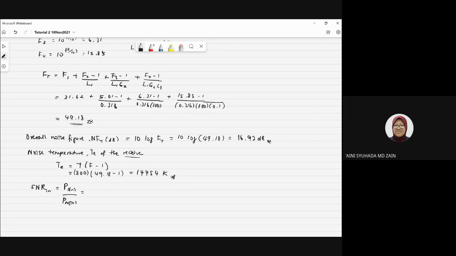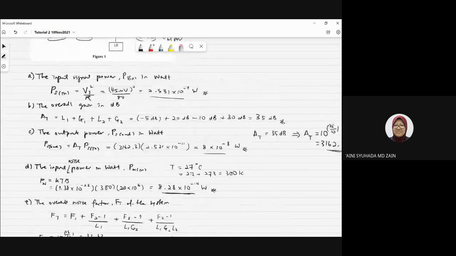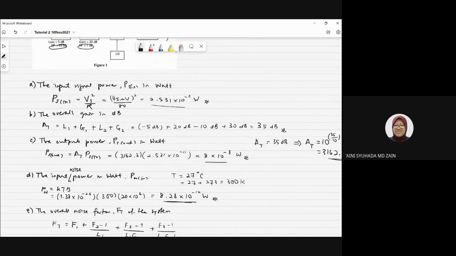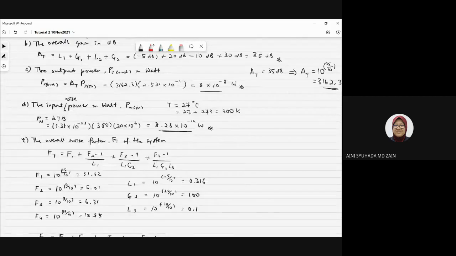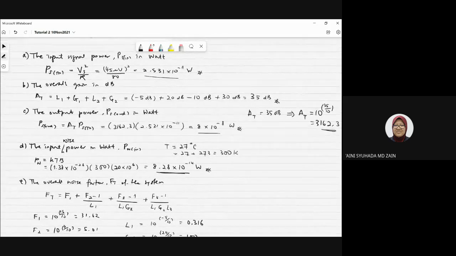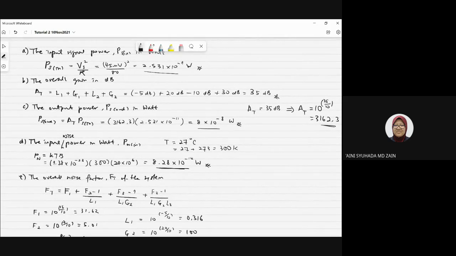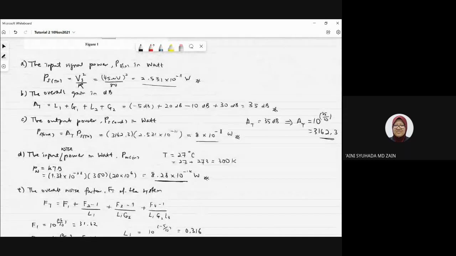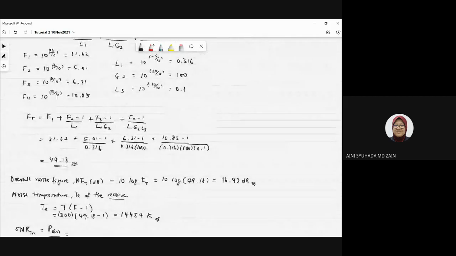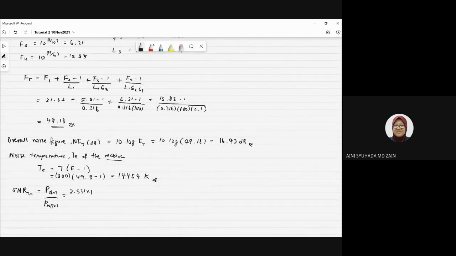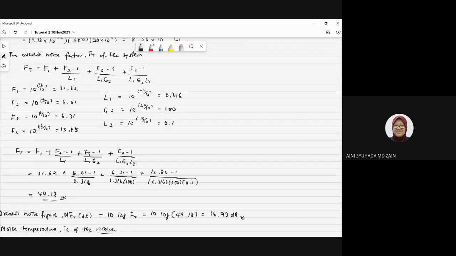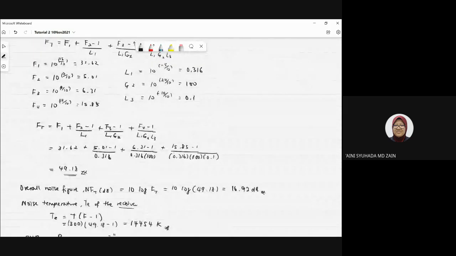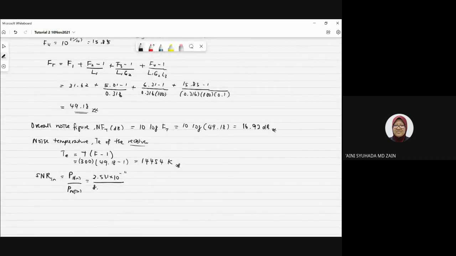We have the value of this signal power and also the noise power, the ones that we have calculated before, from part A and part D. So PS in just now, what's the value? 2.531, and 8.8, both of them in watts.